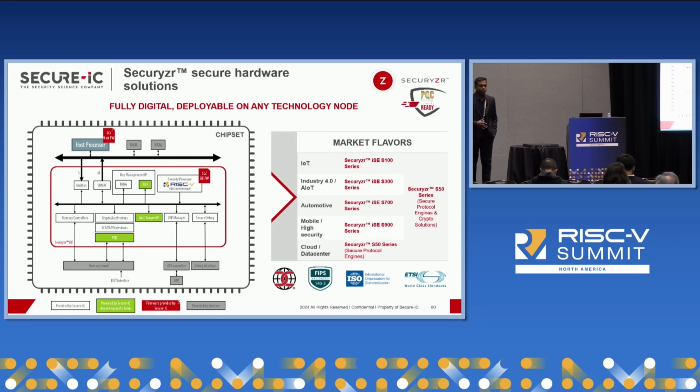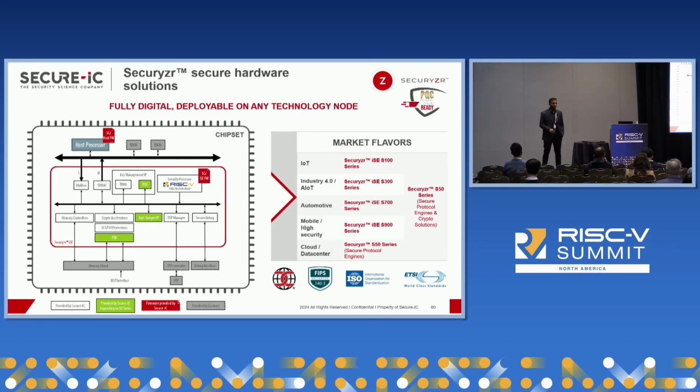We have customers from automotive to IoT, defense, aerospace, etc. Each of these roots of trust caters to its particular market and a particular certification. Automotive, for example, requires ASIL B, ASIL D, and so on. And some high security requirements are needed with FIPS 140-3 level 3 certification. The CC equivalent is as well available.